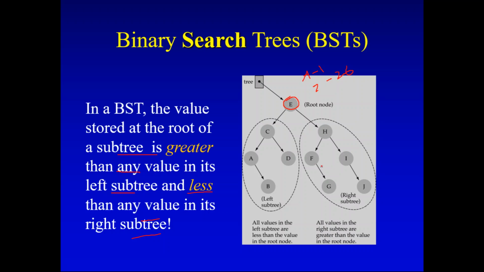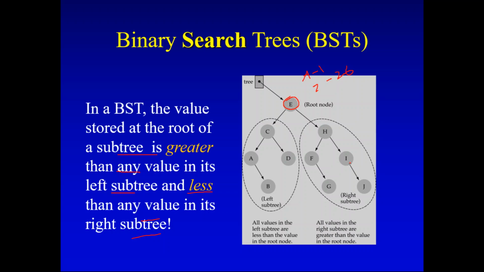G is greater than E, but it is less than H. But it is greater than F. A, B, C, D, E, F, G, H. So it is less than H, it is greater than F, so it comes here.